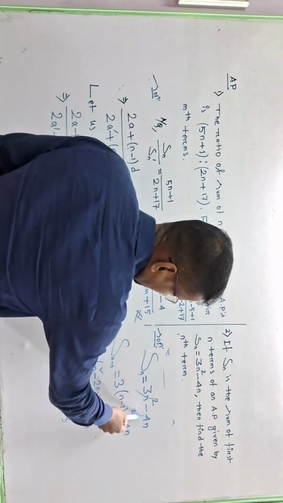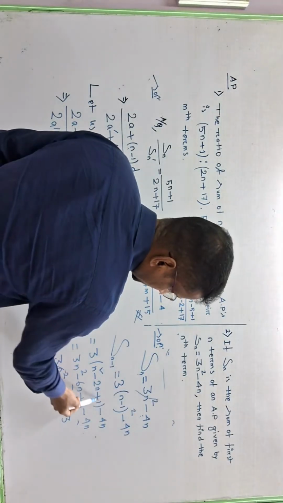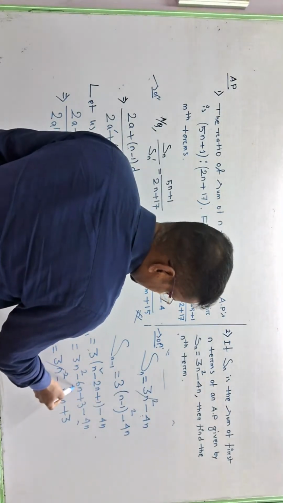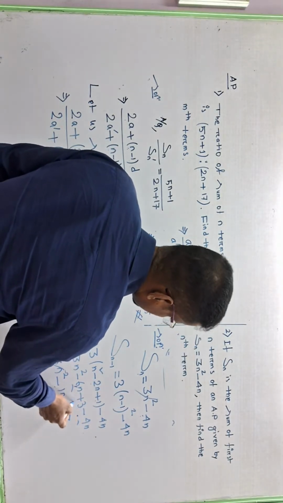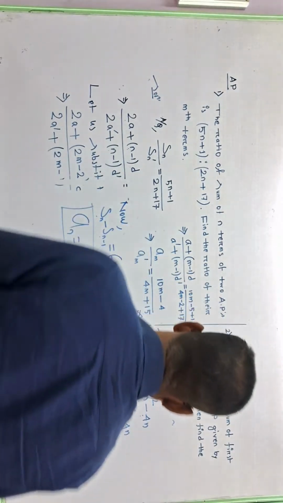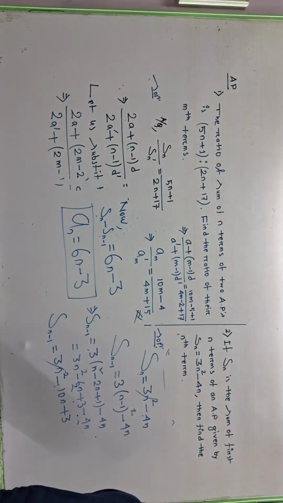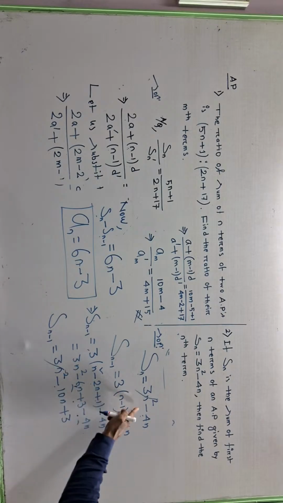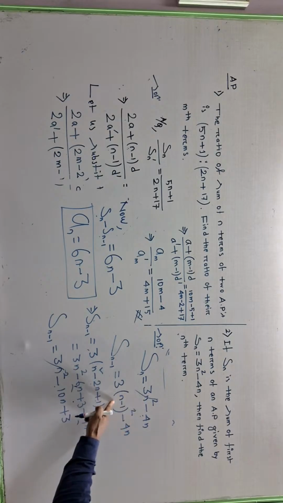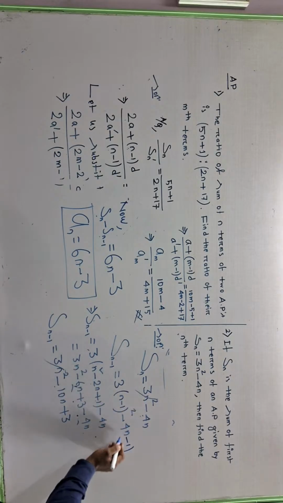Here, n is replaced by n minus 1, so here also it is n minus 1 in the term minus 4n.